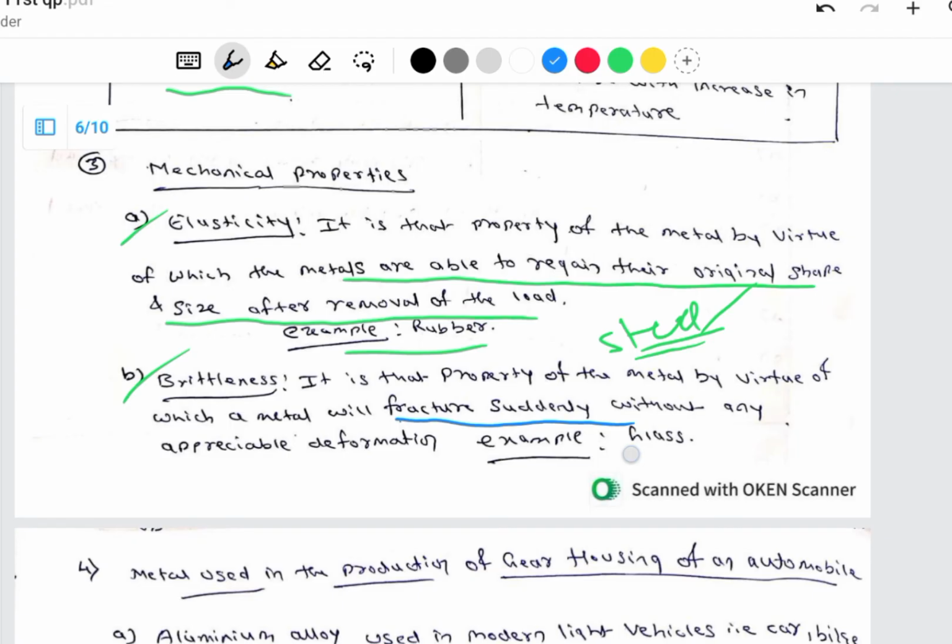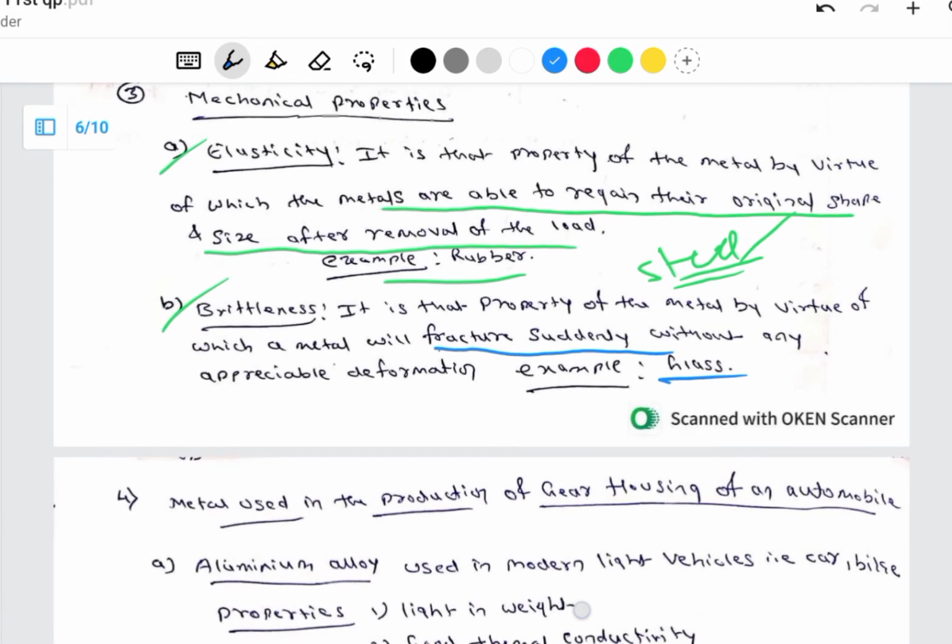Especially you can see glass: whenever you hit it hard with a stone or hammer, it will break. But if you stand on the glass, it won't break. So whatever material gets fractured suddenly under a suddenly applied force, that property is called brittleness. Under a slow and steady load, it can withstand.